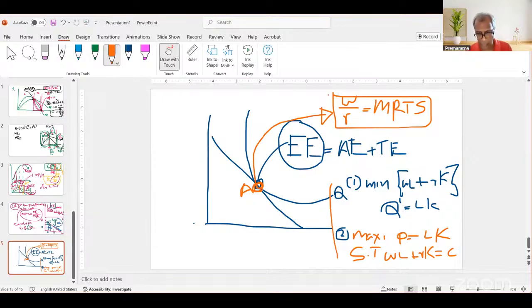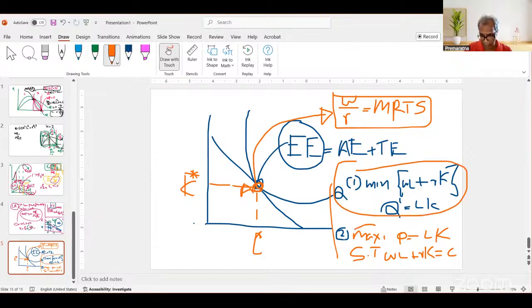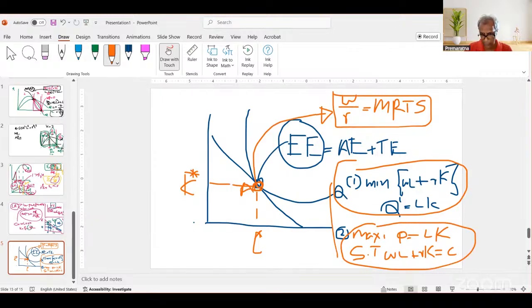This first condition must be satisfied. With this condition, we can find how many laborers to recruit and how much capital to recruit at the optimal point. For that, the producers may use cost minimization or output maximization.